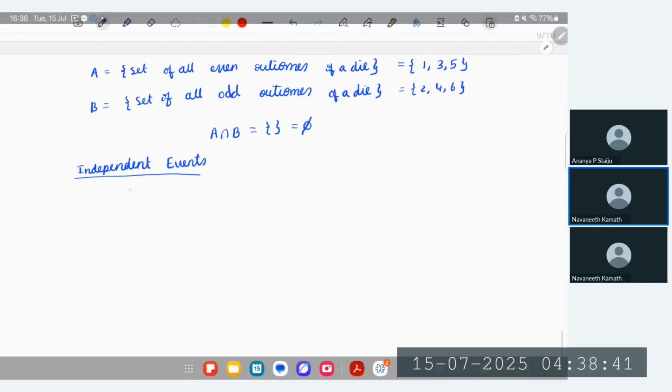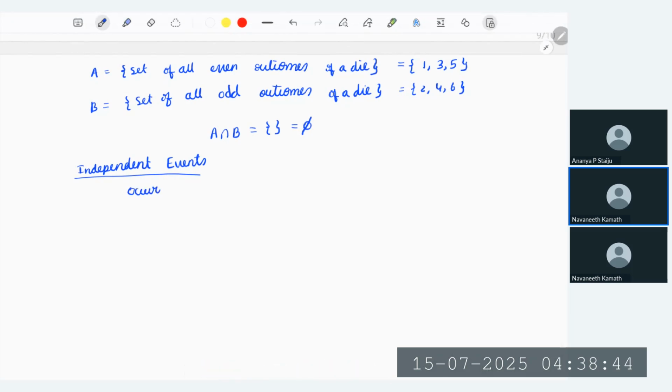So the occurrence of one event is not dependent on the occurrence of another event.